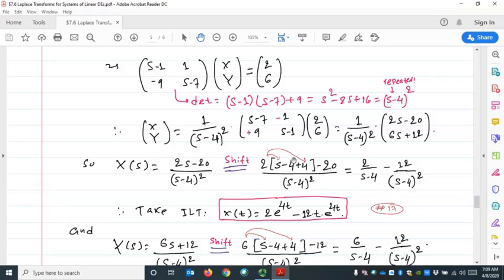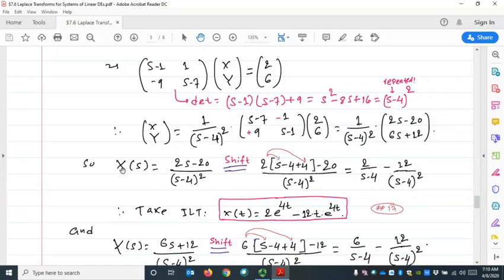And then next here, multiply this constant and simplify. 2 times 4 is 8. 8 minus 20 is negative 12 over s minus 4 square. Then take the inverse Laplace transform.